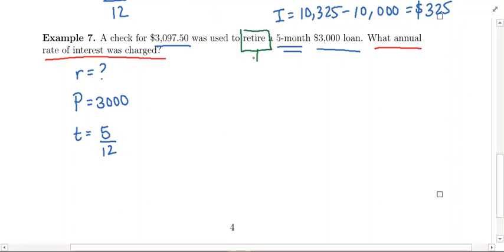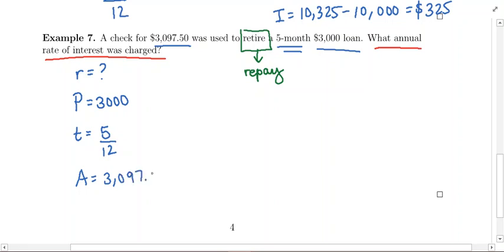Retire is another word for repay. So you use this check of $3,097.50 to repay the loan. So that's the total amount that you paid back on this $3,000 loan. So that's actually your A value.